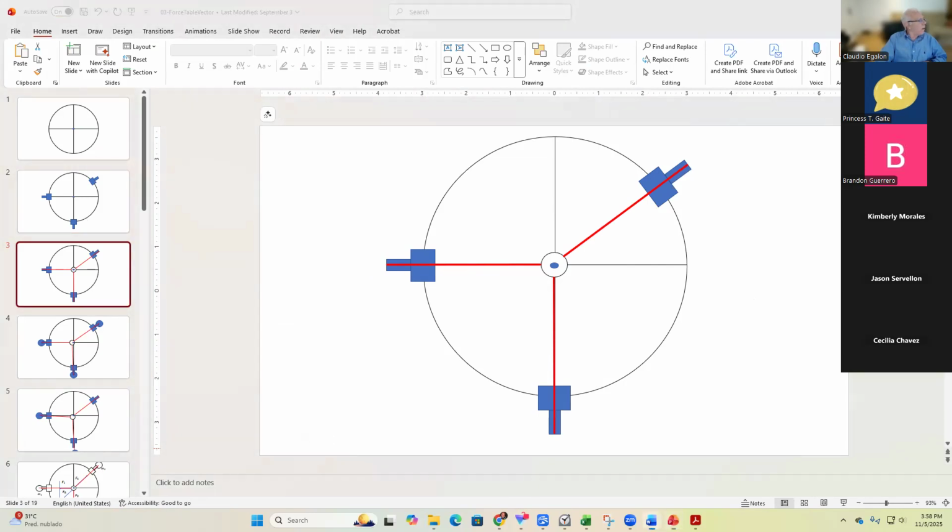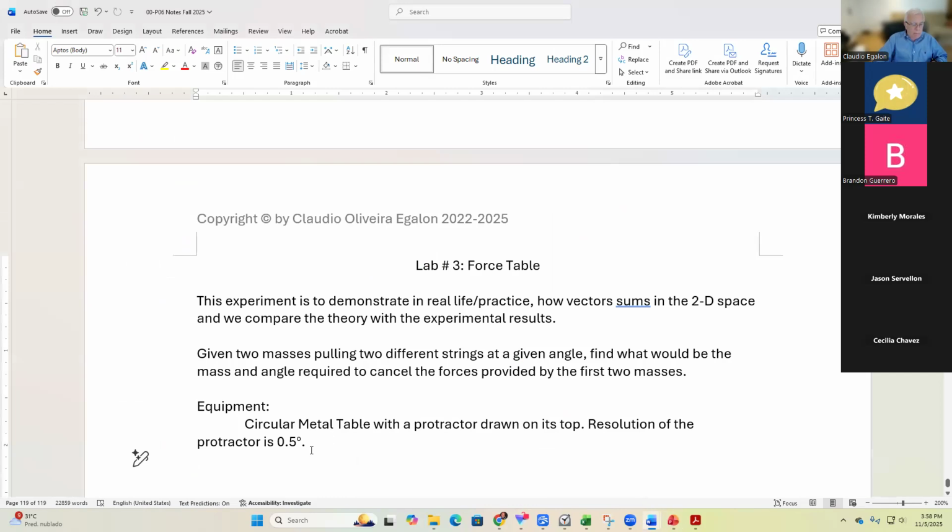Let's start with the pulley clamps. 3 pulley clamp combination.